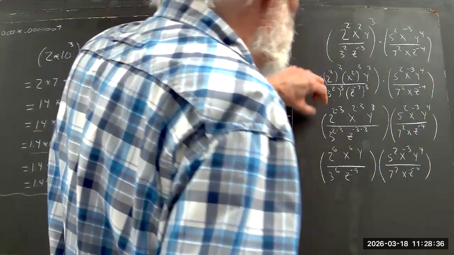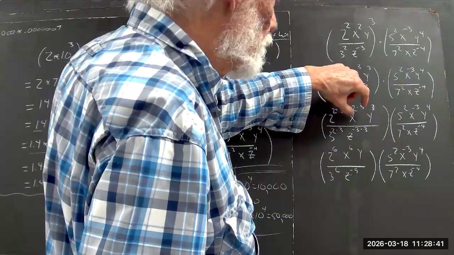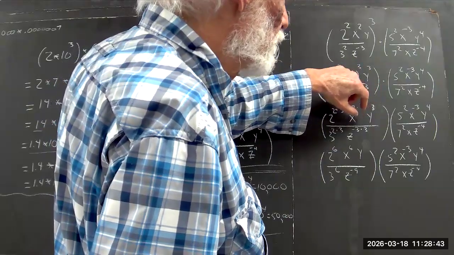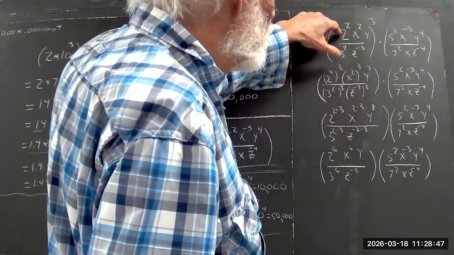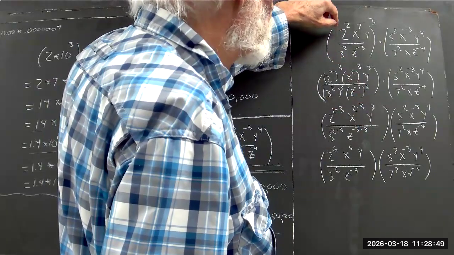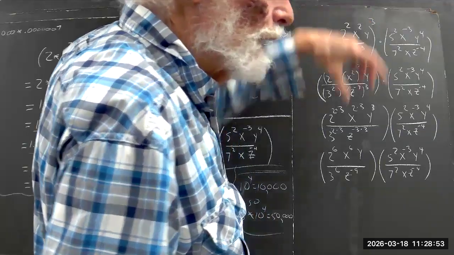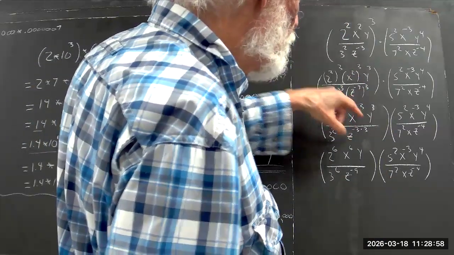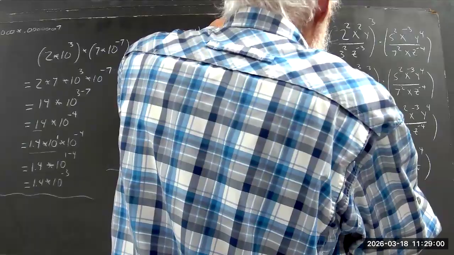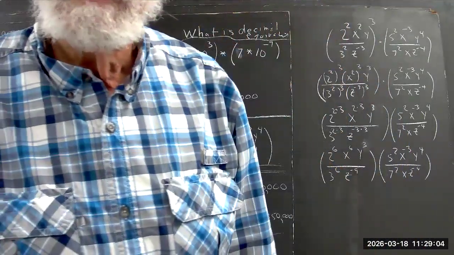Okay, so in the third step where I have 2 to the 2 times 3, x to the 2 times 3, y to the 3 times 3, why should it just have been y to the third? Because your original numerator was 2 squared x squared y in the factor that was raised to the third power. There's just a y there. So there's just a y to the third here, and there'll just be a y to the third all the way down on that first factor. Okay.